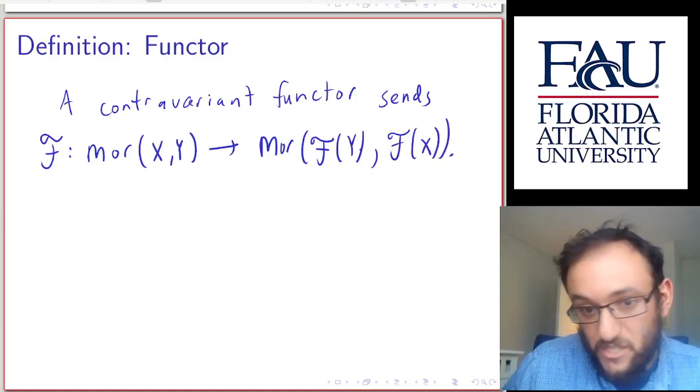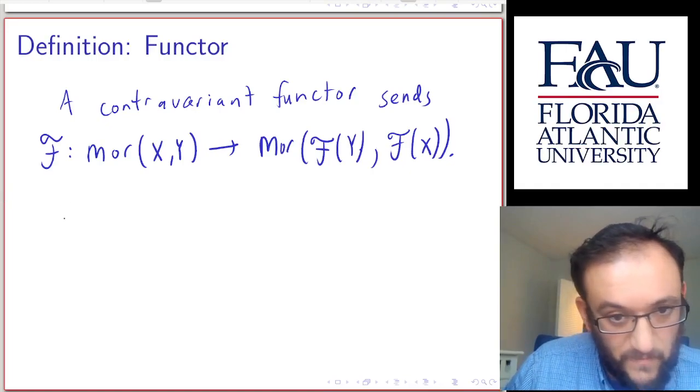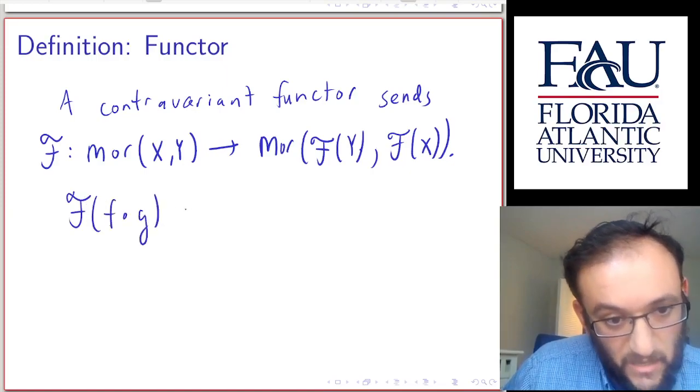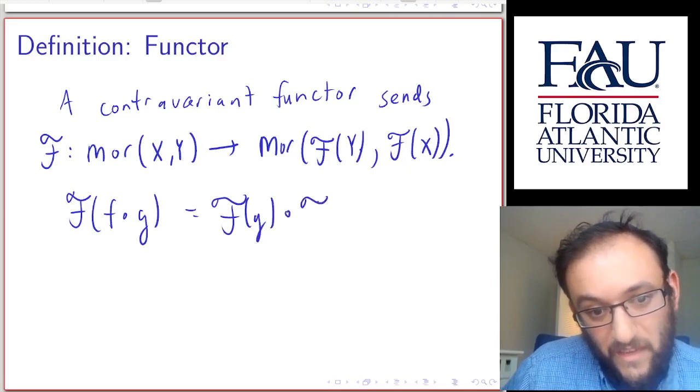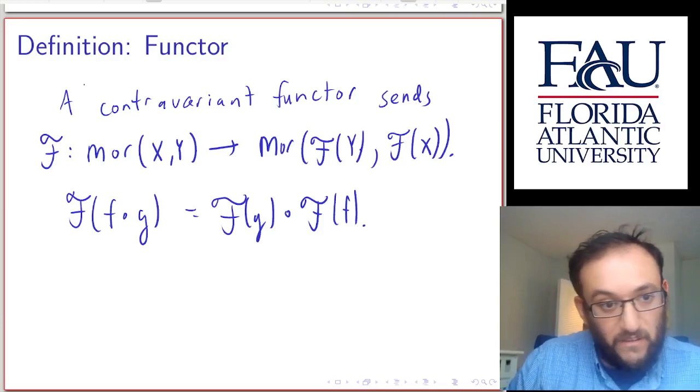And the composition that needs to be satisfied, so obviously the identity stays the same, but F of f composed with g is going to be equal to F of g composed with F of f. So the f and the g switch orders under a contravariant functor.